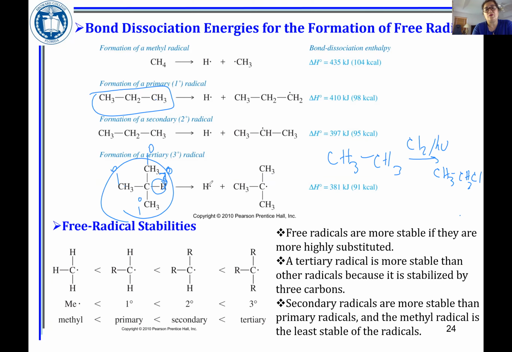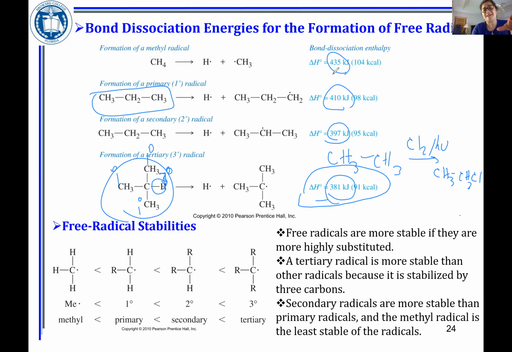So when you remove this hydrogen, compare the amount of energy consumed. You have 381 delta H, you have 410 for primary, for secondary that decreases, and for the tertiary it is much lower than either one of them. For methyl it is the greatest. The higher the positive delta H value, the more endothermic, or the more energy it requires.